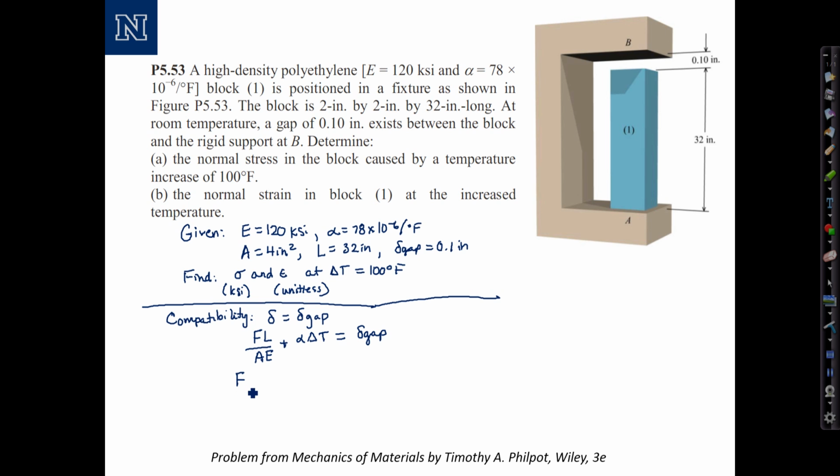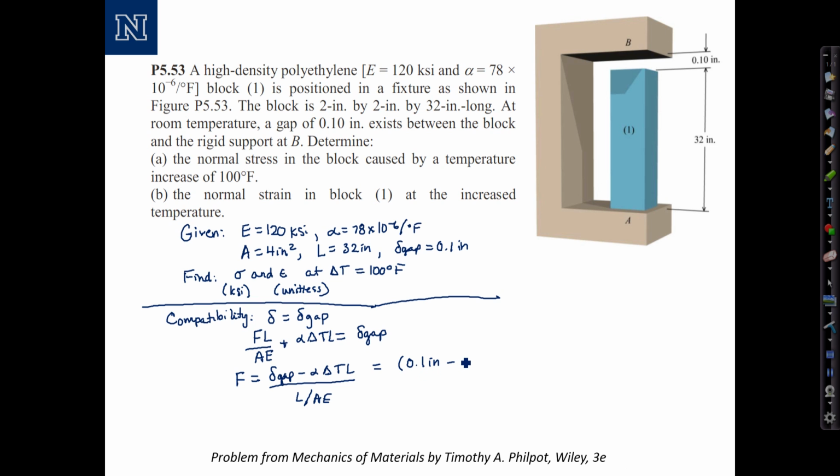I'm going to again demonstrate the approach where we manipulate the equation, solve for F, and at the very end substitute in all the variables. So F is equal to delta gap. I'm going to bring this term over to the right hand side, minus alpha delta T, I'm missing an L here, minus alpha delta T times L, and then divide this by L over AE. We can go ahead and substitute in the known values, delta gap of 0.1 inches.